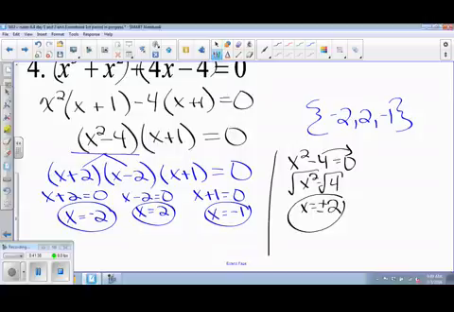That's two answers: x equals positive 2, and x equals negative 2. If you don't factor it further, a lot of times people will forget to move the negative 4 over before square rooting it. You can't do that.